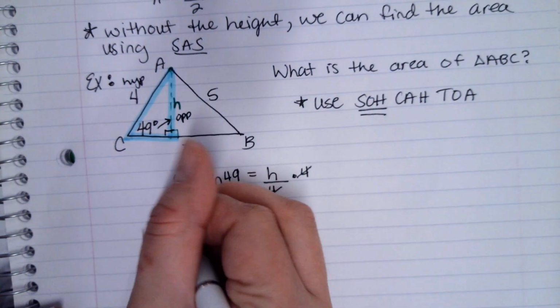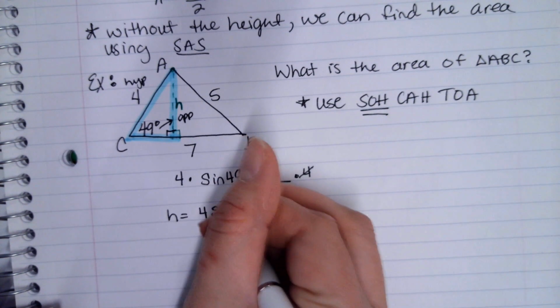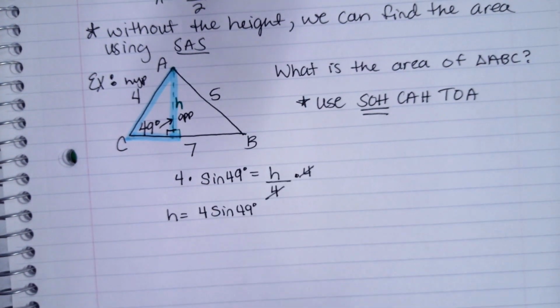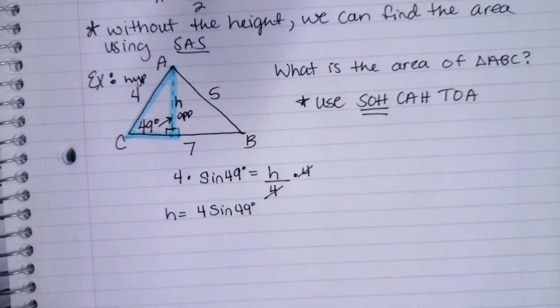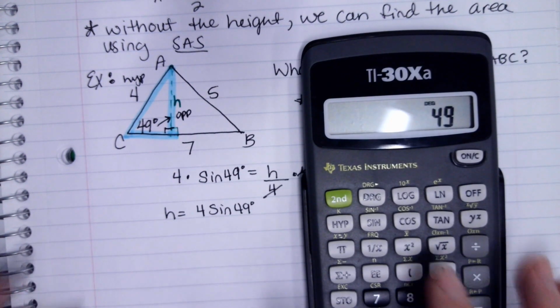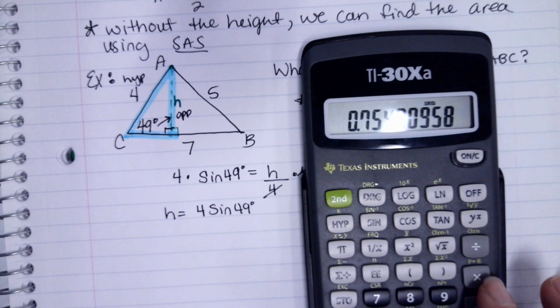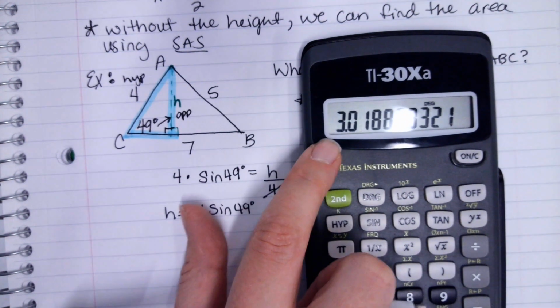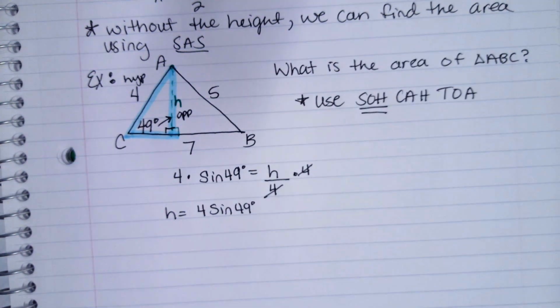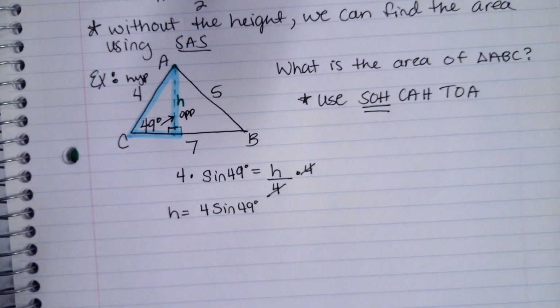So h in this case is whatever 4 times sine of 49 degrees is. You can type that in your calculator and get an estimation of it. In fact, that's what I'm going to do now. Make sure you're in degrees mode. So sine of 49 times 4, I get about 3. I'm going to keep this number in my calculator, but I'm going to use this in my formula.